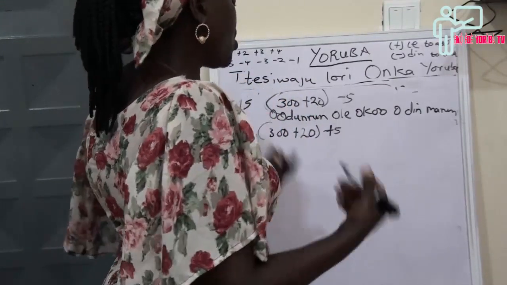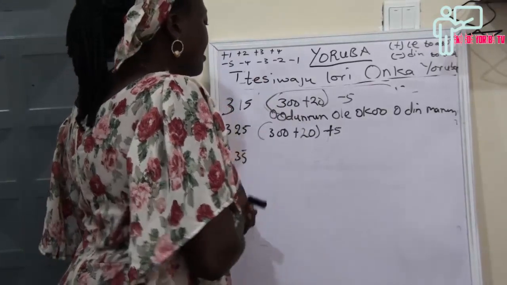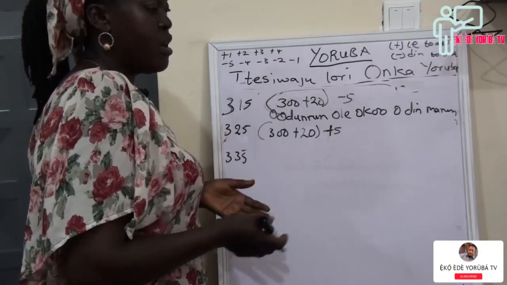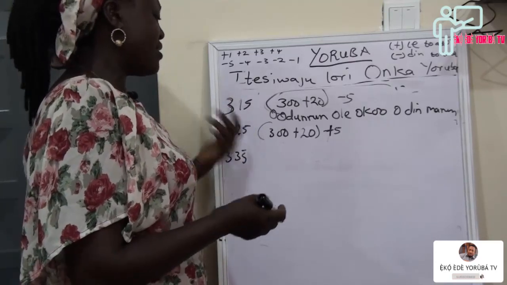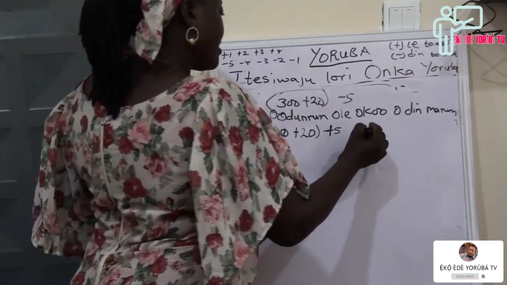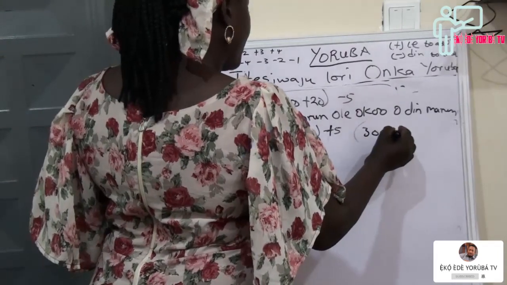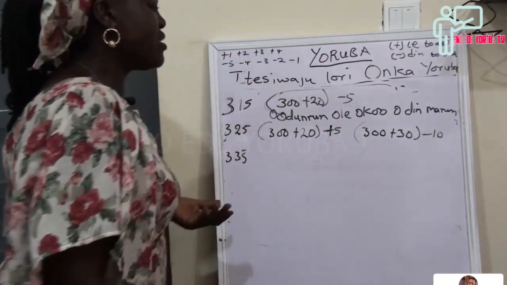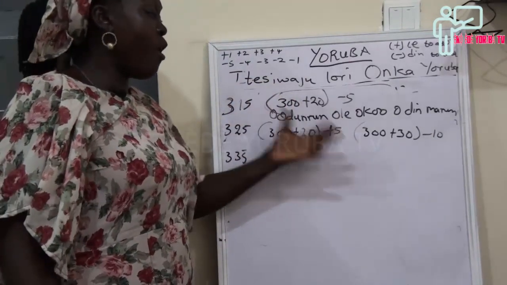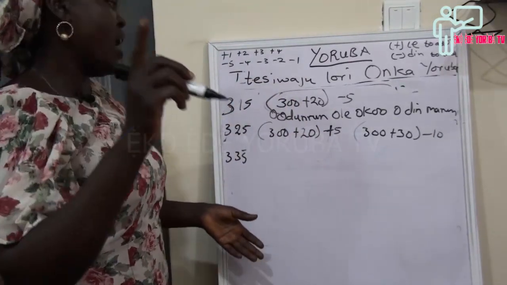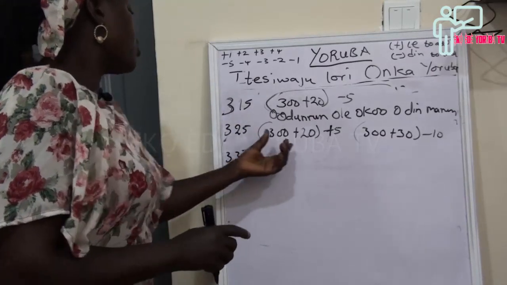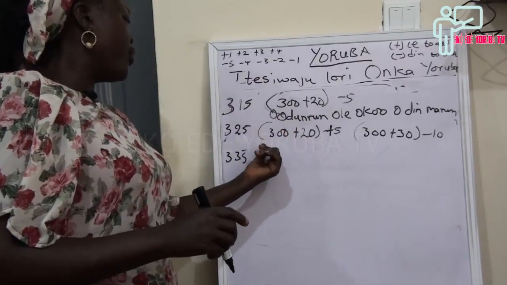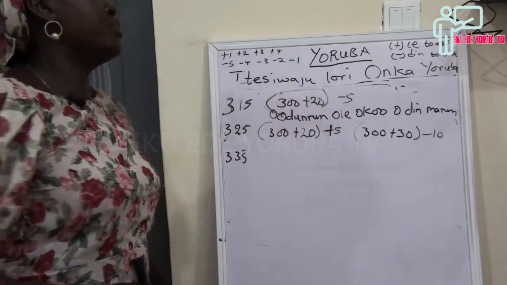But maybe you are talking just for more understanding. You can just say ọgbọ̀n. And what is that ọgbọ̀n? We said 30. That is 30. 300 plus 30 minus 10. So you can say ọgbọ̀n ó lé lọ́ọ̀ọ́dúnrún ó dín mẹ́wàá. Or you say okòó lé lọ́ọ̀ọ́dúnrún ó lé márùn-ún.